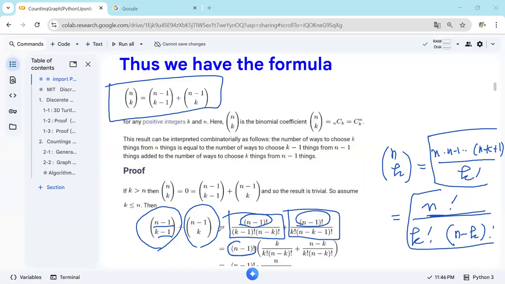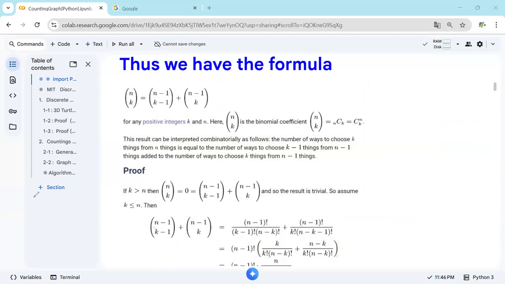So n minus 1 factorial going out first, and the left one is this one and this one, and then by simple calculation, we can find out this one is in fact equal to n minus k. So we prove this plus this one is n choose k. So this is the first proof.